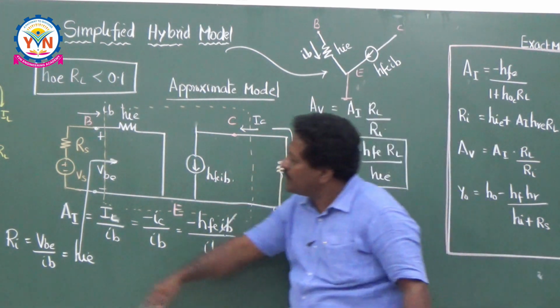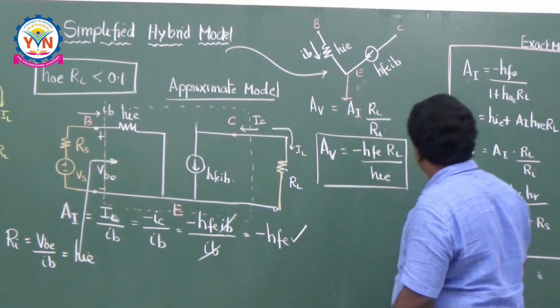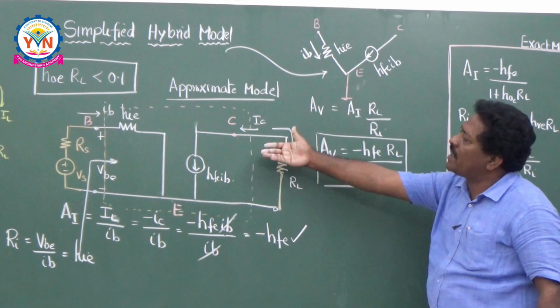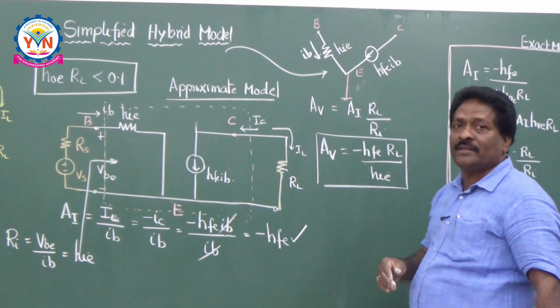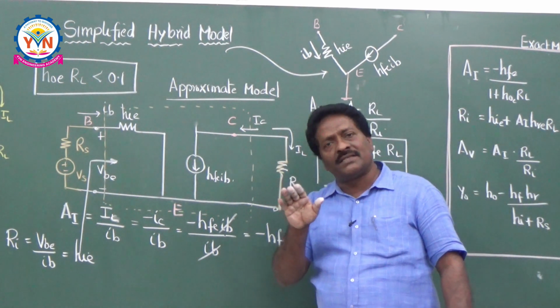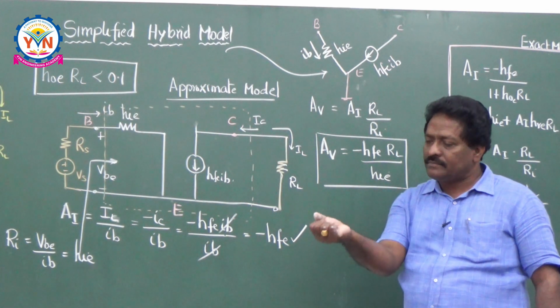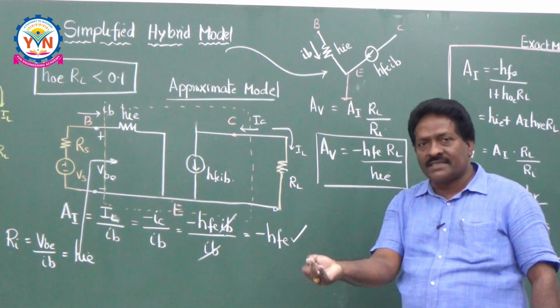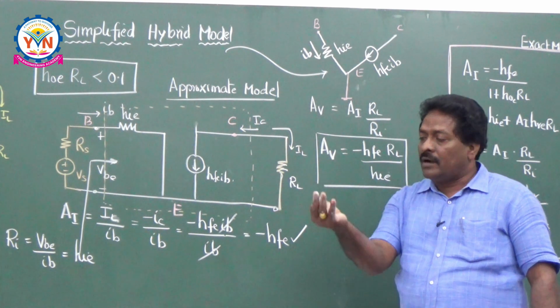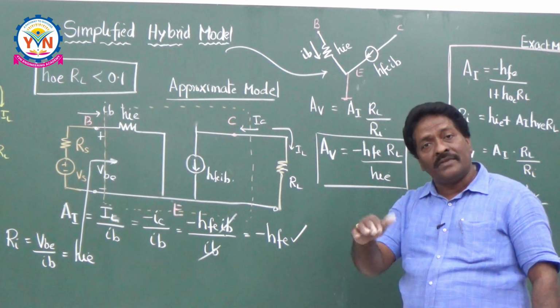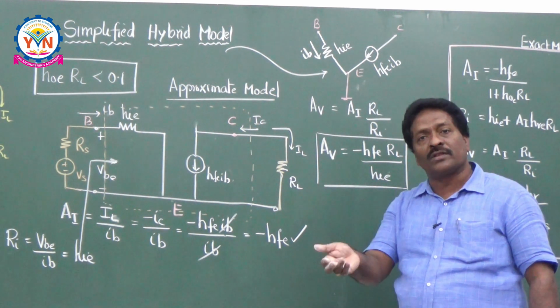Already we have calculated current gain, input resistance and voltage gain. So now we are going to calculate the output admittance, because for any amplifier, you have to calculate current gain, input resistance, voltage gain, output admittance, current gain with the source, and voltage gain with the source also.